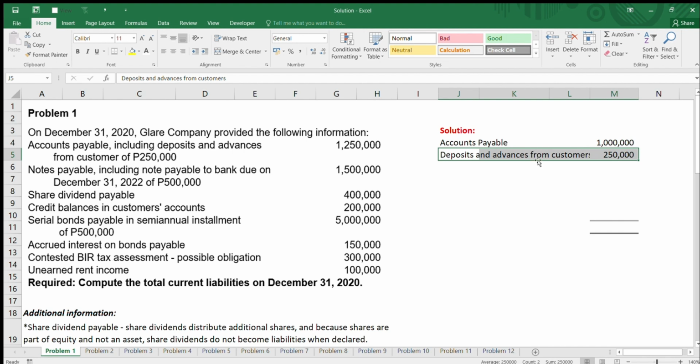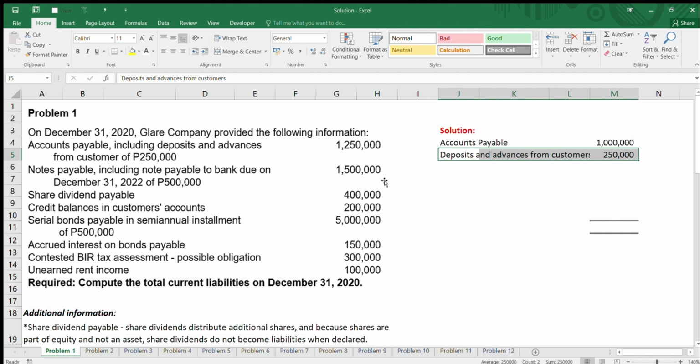Next line item. Notes payable, including note payable to bank due on December 31, 2022 of 500,000. As you can see here, notes payable, if nothing is written, generally is part of your current liability.